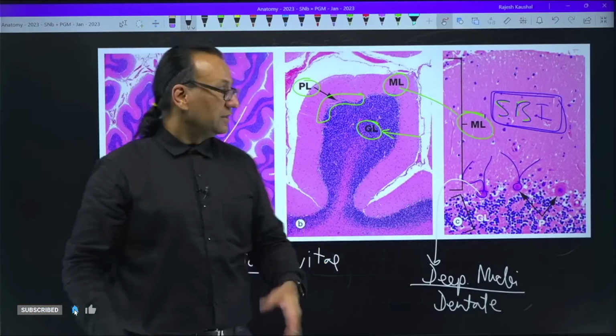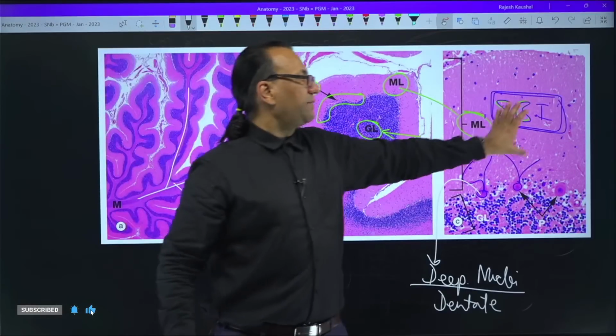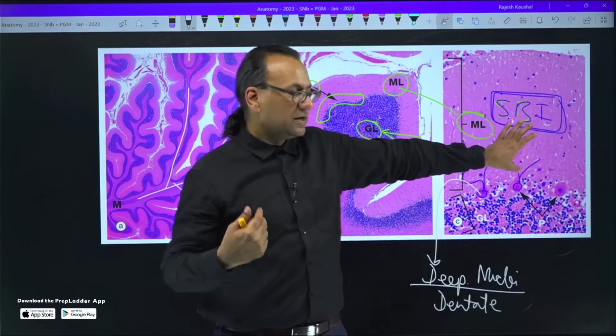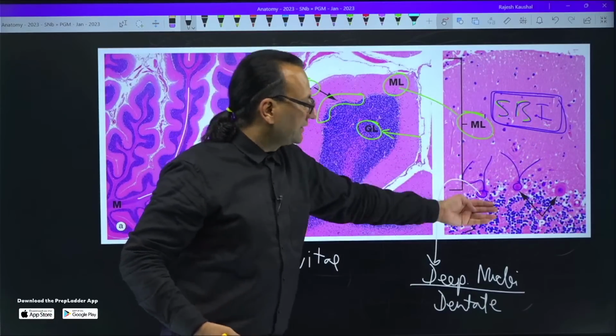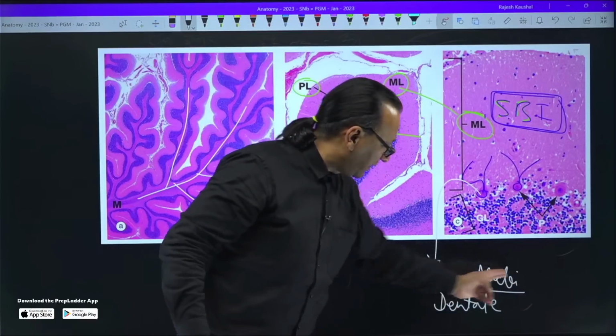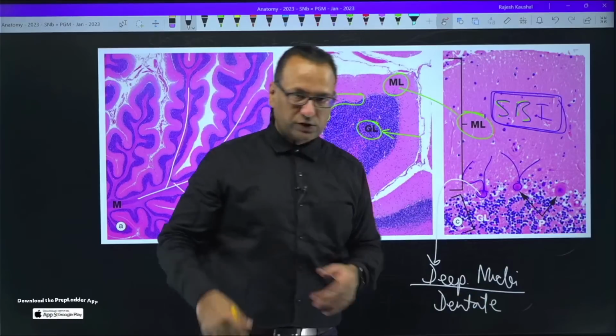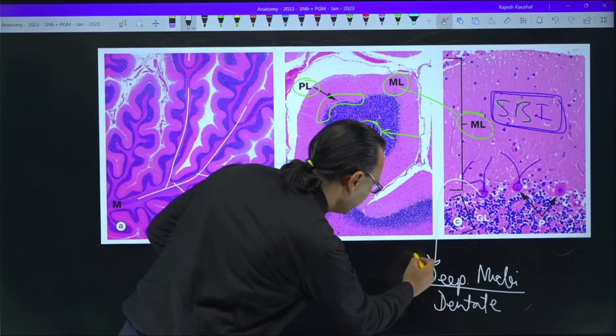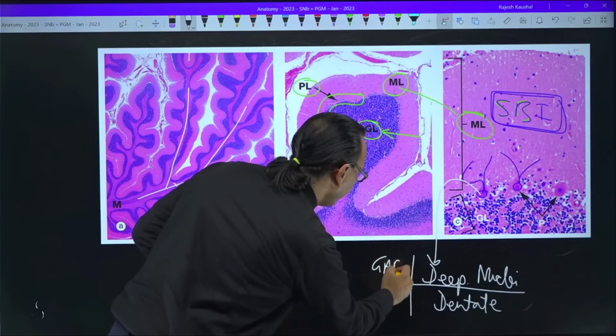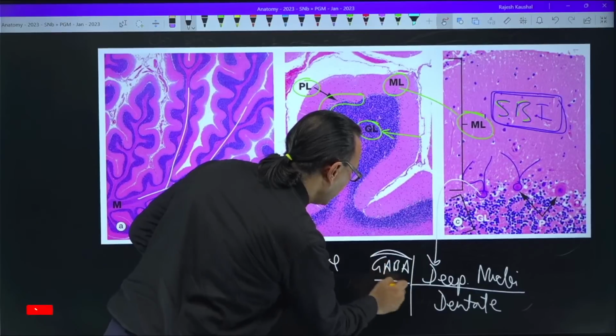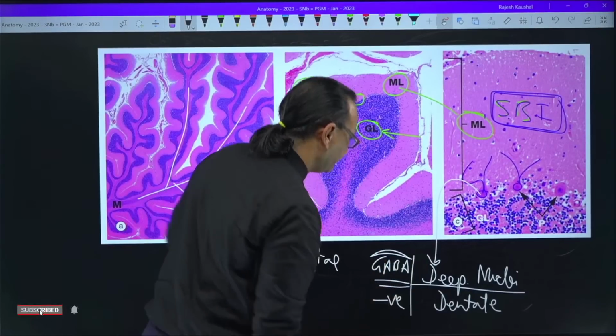I'll repeat again. In the outer molecular layer, you have stellate basket cell, which are inhibitory to Purkinje cell, and Purkinje cell itself is inhibitory to deep cerebellar nuclei like dentate nucleus. They use a neurotransmitter which is GABA, gamma amino butyric acid, which is inhibitory neurotransmitter.